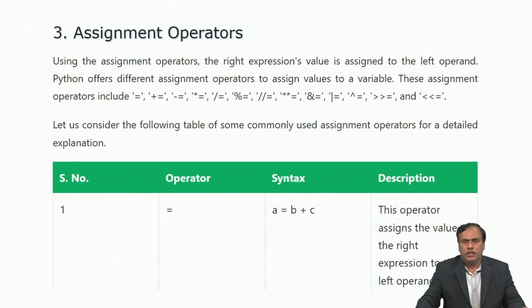So the right side expression is evaluated, and the result of that right side is assigned to the left side of this assignment operator. Here the expression is b plus c. The value of b plus c is evaluated, and the result will become the value of a. So this is how the assignment operator works.